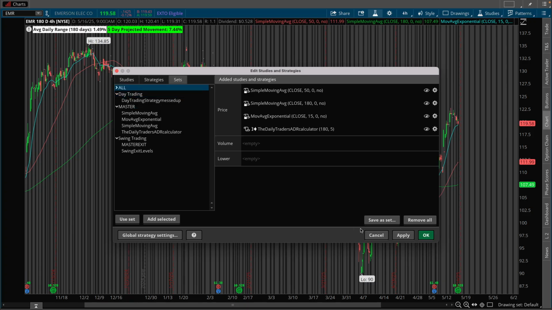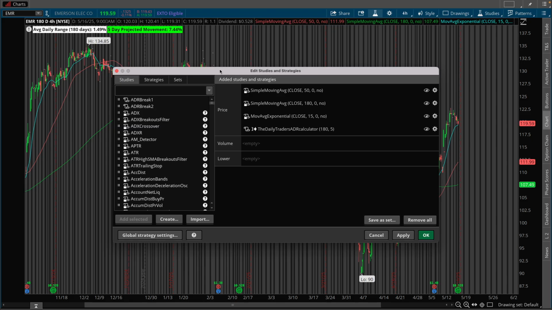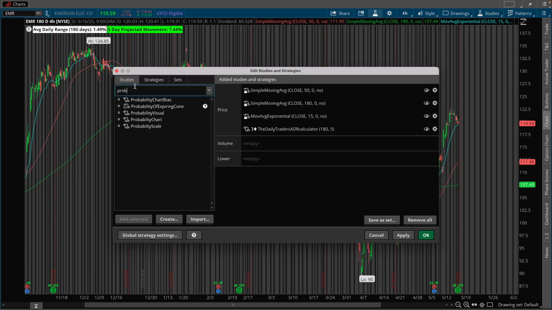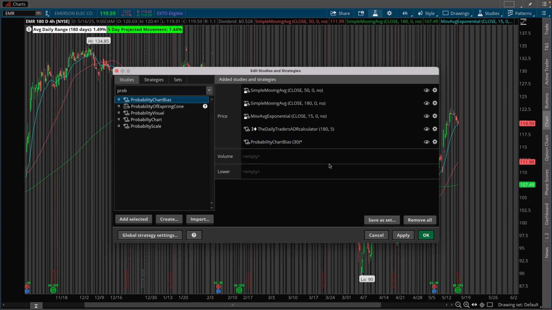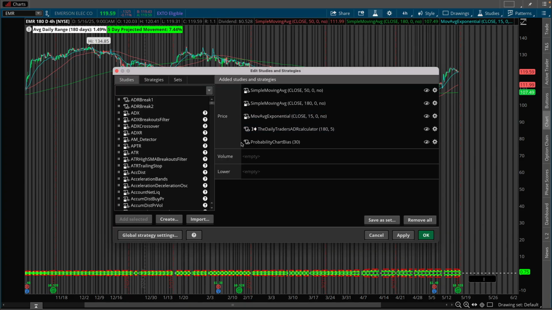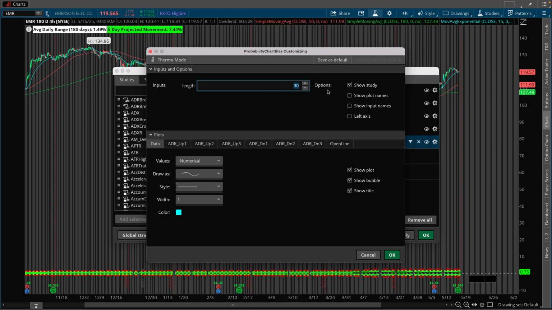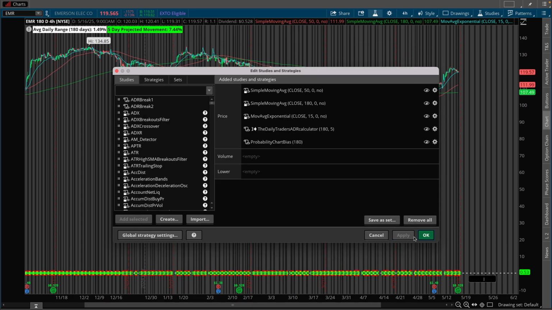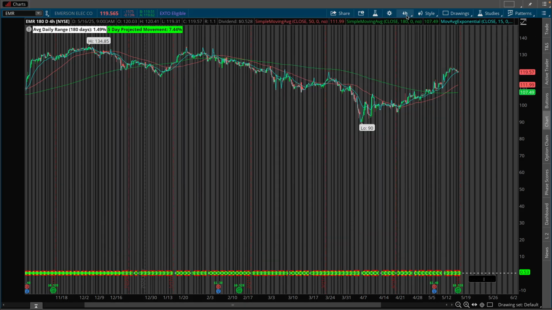Let's just apply the probability chart because I'm curious, if we use it solely, let's see, we're going to change the length to 180 over the last 180 days.